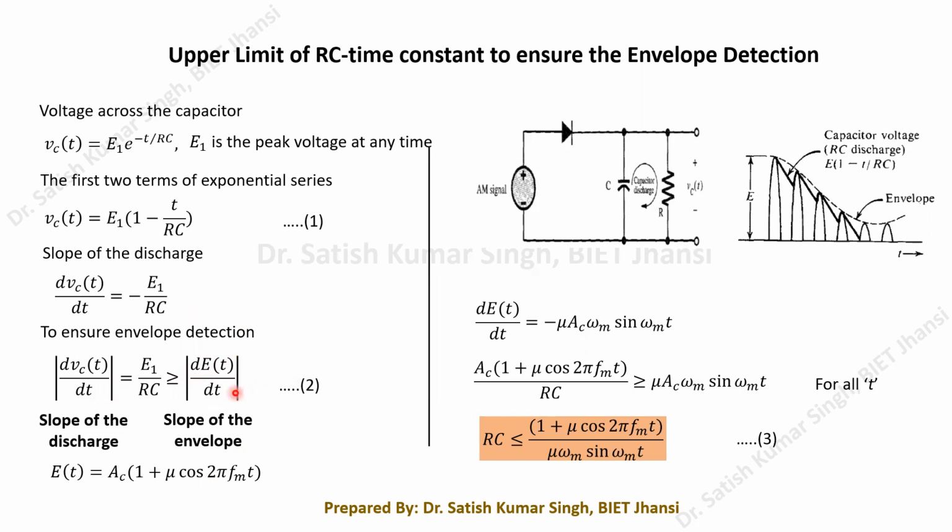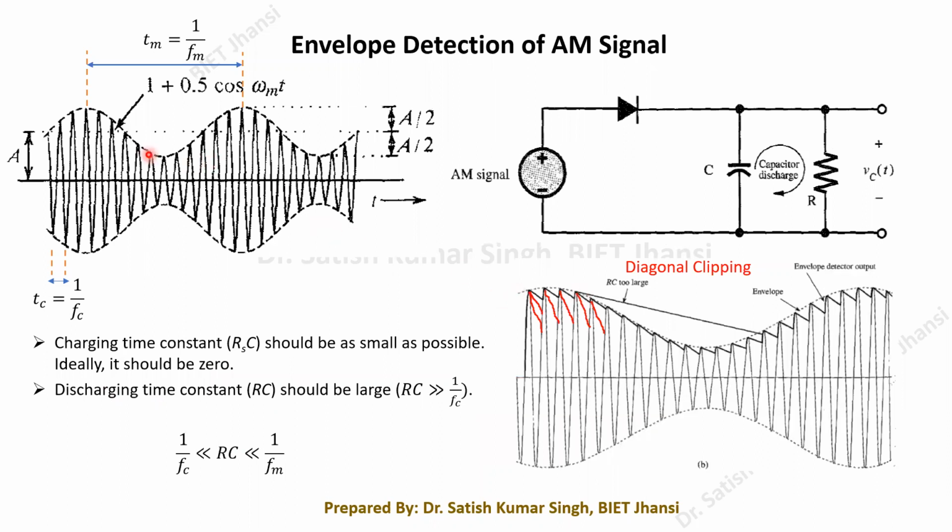So when we talk about the slope of the envelope, in this case you can see we have this particular slope of this particular envelope. Let us say this envelope is represented by E(t), which equals Ac(1 + mu cos 2 pi fm t). That will be our envelope part. Calculating the slope of this envelope is similar to calculating the tangent.